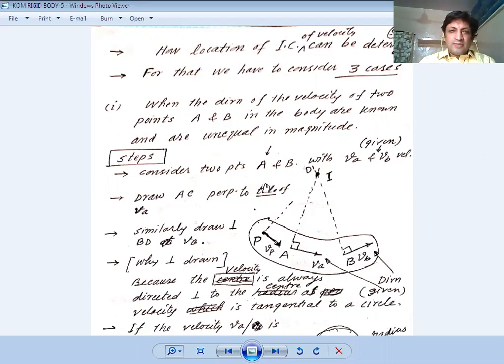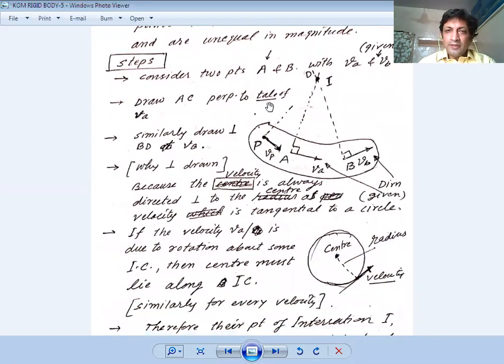So what to do? The first step is to consider the two points A and B with velocities VA and VB that are given to us. Now draw a perpendicular to the tail of the velocity A like this, and also draw another perpendicular at the tail of the velocity B. Where they intersect, this point is known as the instantaneous center.